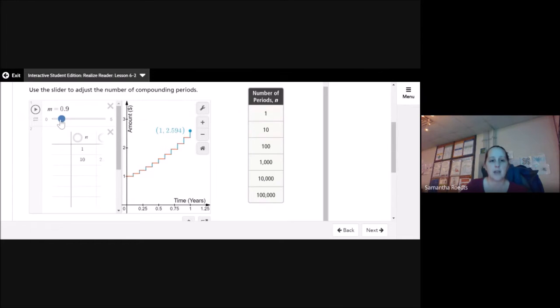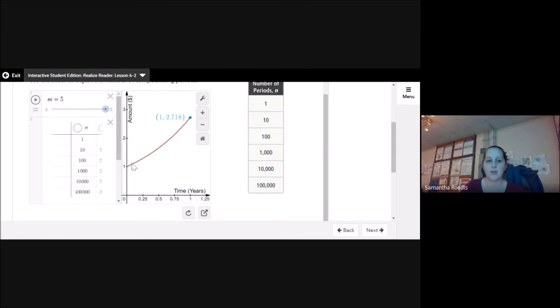So we can see that when n is 1, okay, you can see how the amount continues to go up over time, and you can see that curve kind of smooth out.